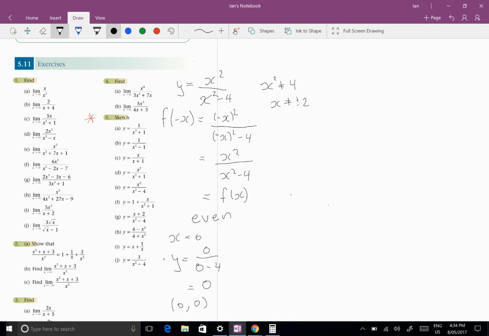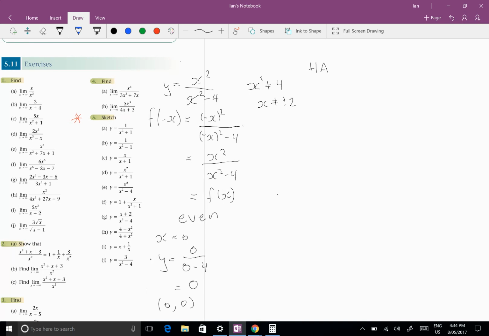Well, what about horizontal asymptotes? Now we know we have a horizontal asymptote when the limit as x approaches infinity of this function, which is x squared on x squared minus 4, exists.